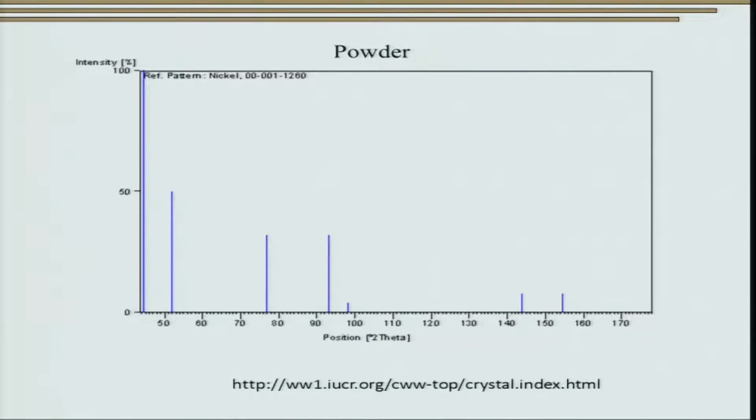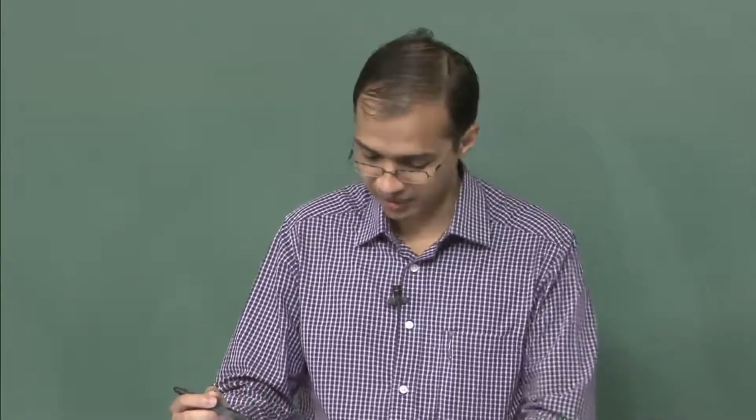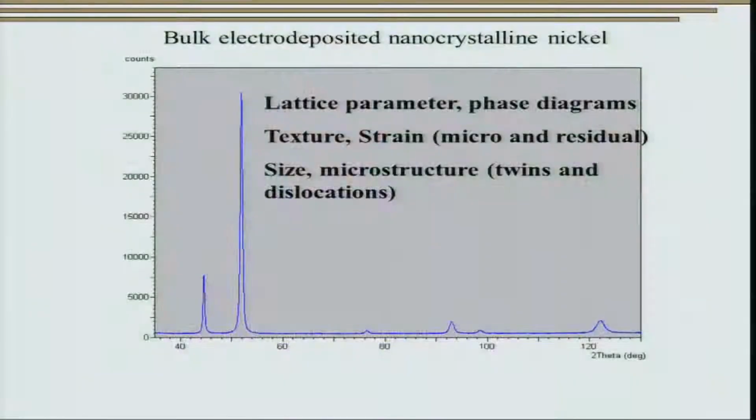Now, this theoretical intensity variation shows a nice match with the theoretical calculations because they are obtained on random powder samples. However, we know that most of the materials that we use are hardly anything but random, and this is what is shown in our nickel slide.